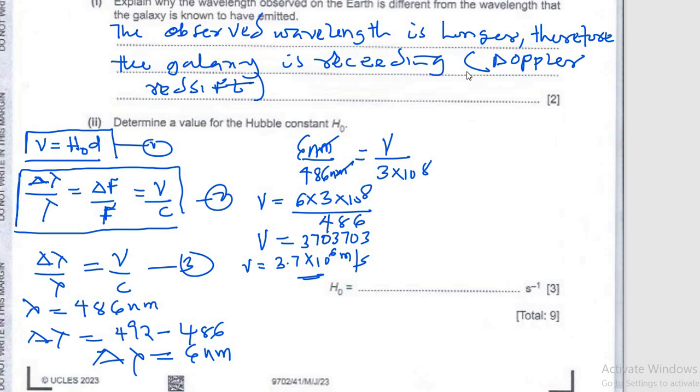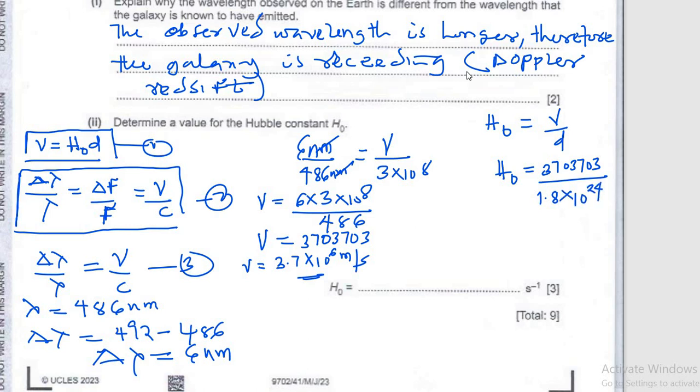But the question asks us to find the Hubble's constant. So from equation 1, make Hubble's constant the subject of the formula. That will be v over d. Hence, Hubble's constant will be our v, 3703703, over the distance. What's our distance? 1.8, it's given in the question above, 1.8 times 10 to the power 24.